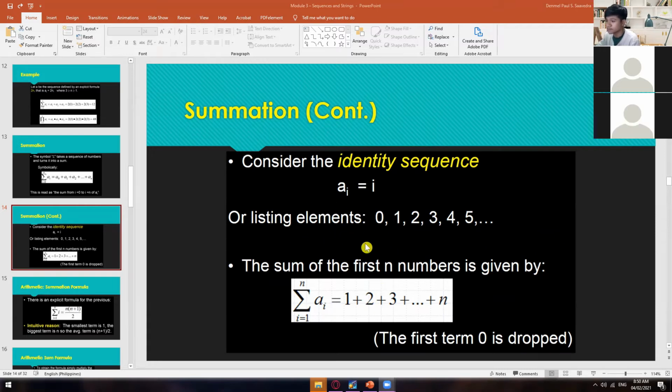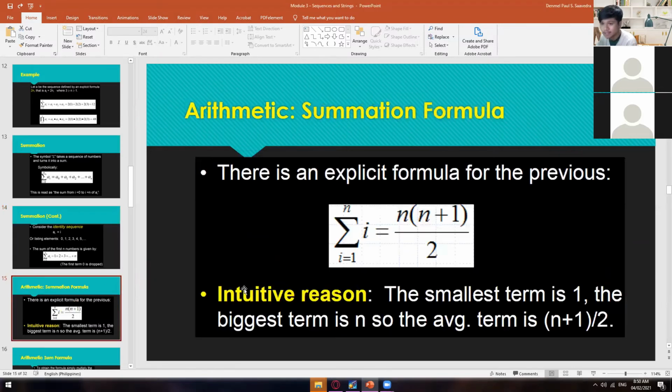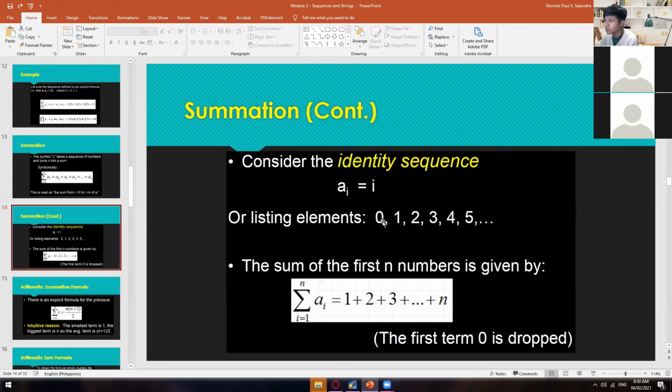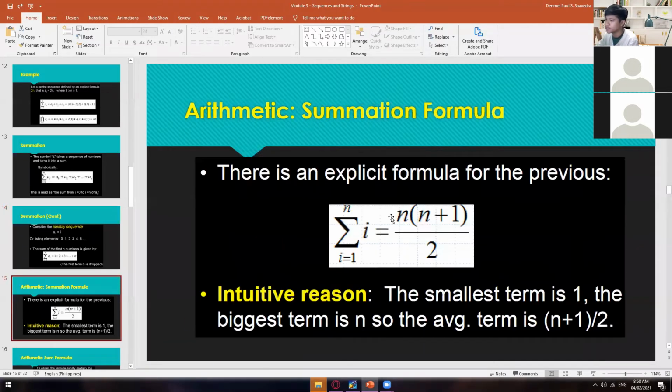All right, so the next one is the arithmetic or summation formula. There is actually an explicit formula for the previous example. So for you to be able to get the summation starting from 1 up to the given maximum limit or upper limit, you have this formula.